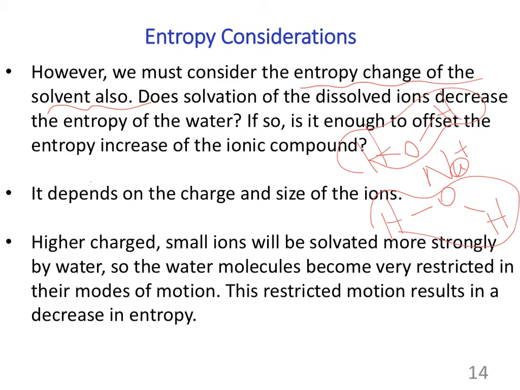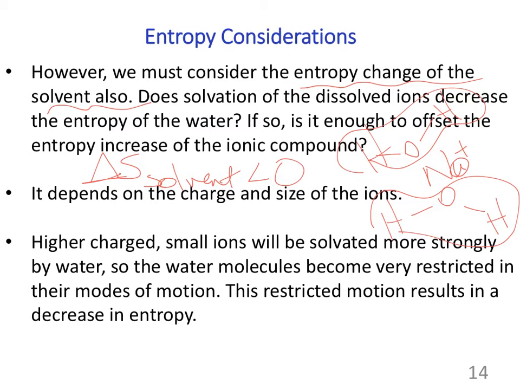And so the entropy change for the solvent tends to be negative, unfavorable. And so the net entropy change depends on the comparative change in entropy of the solute versus the solvent.